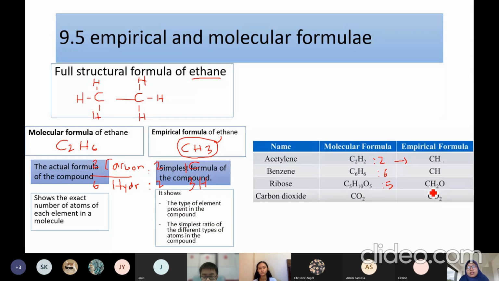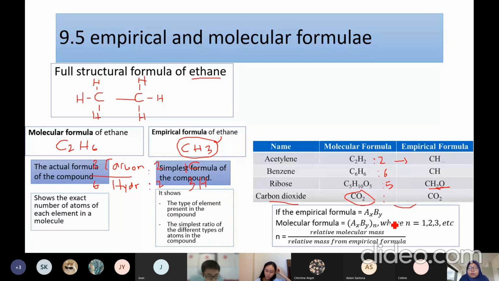This is the simple ratio. And CO2, can we divide it again? No, cannot. So the molecular formula of carbon dioxide is the same as its empirical formula because it's already the simplest ratio.